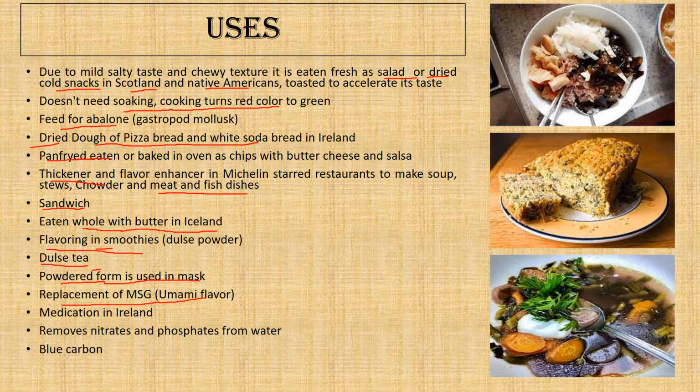And apart from its use as a food and its cosmeceutical value, it can also be used in medications. In fact, it was used traditionally in various types of medications in Ireland. Also, apart from this therapeutic value, it has certain ecological values too. It removes excess nitrate and phosphates from water.